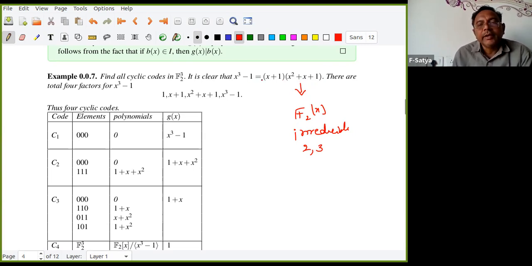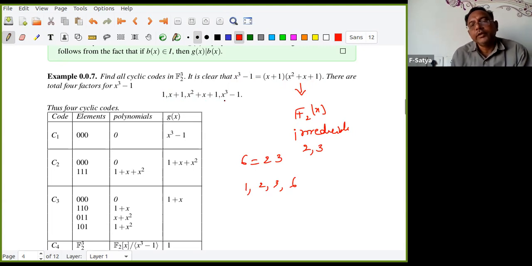So x cube minus 1 is equal to this, right? Now what are the divisors of x cube minus 1? It is like 6 is equal to 2 into 3. What are the divisors of 6? 1, 2, 3, 6. Similarly, the divisors of x cube minus 1 are 1, x plus 1, x square plus x plus 1, and the product of these two.